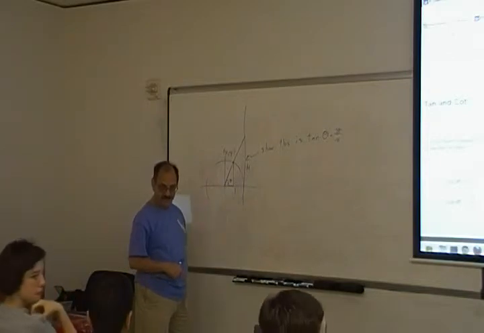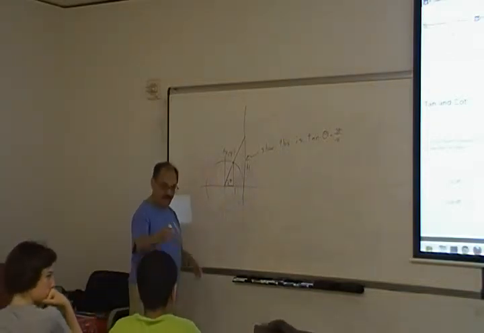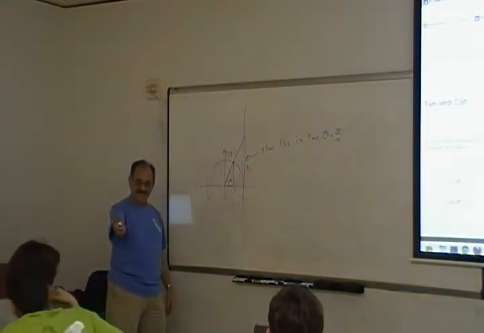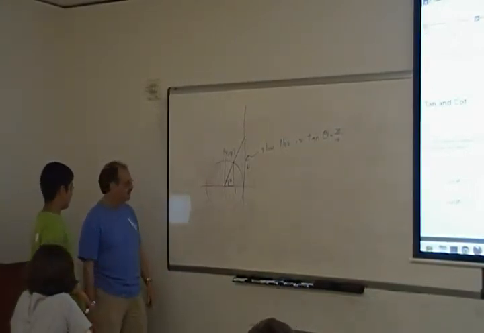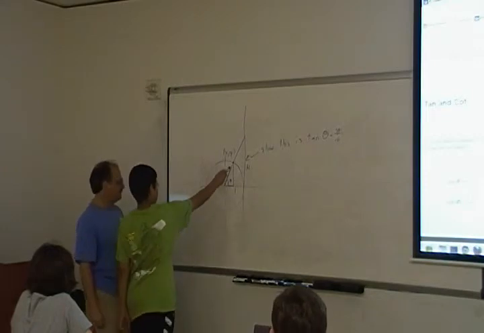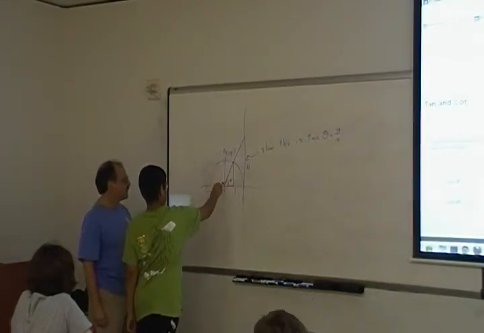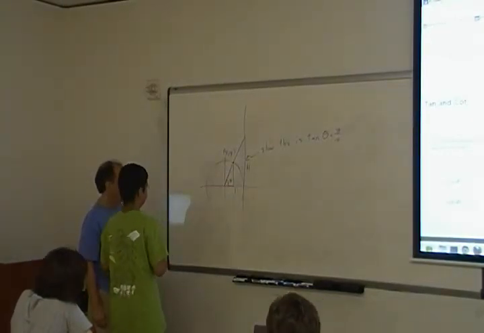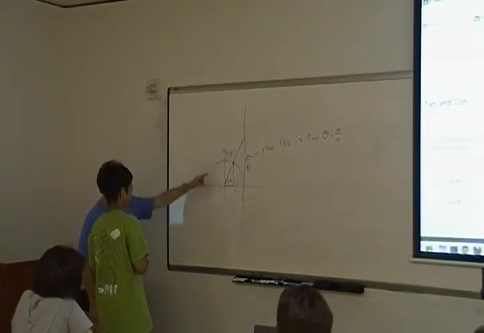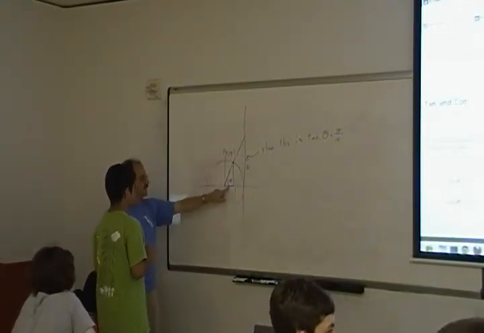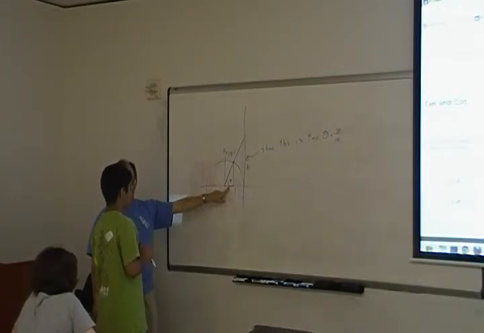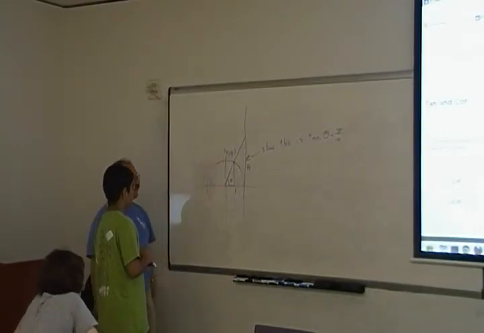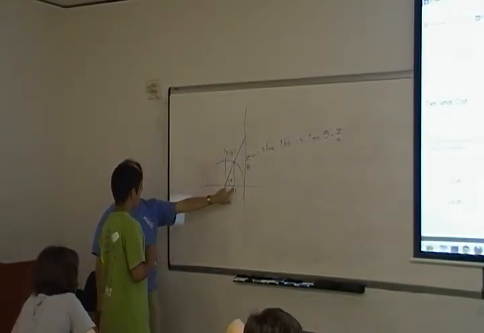Yes, Clark? Come on up. Are you asking me to point out the two similar triangles? Sure. This one. And what are the lengths of the sides? This point is x, y. What's this side down here? What does it mean to say the coordinates of that point are x, y? What does it say about this length?